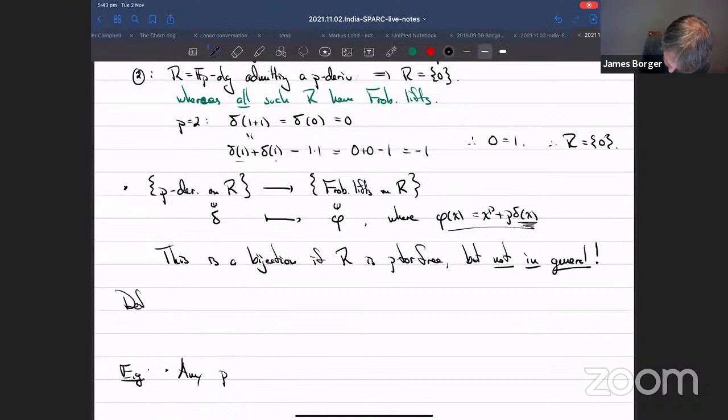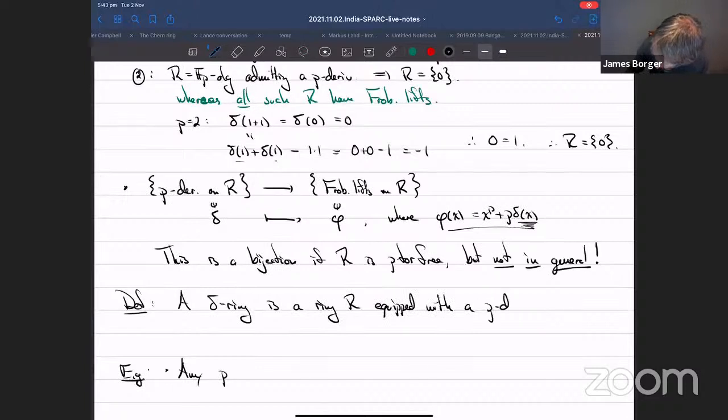So definition: a delta ring is a ring R equipped with a p derivation. So it's a pair, right? Formally, it's a pair consisting of a ring and a p derivation on that ring.